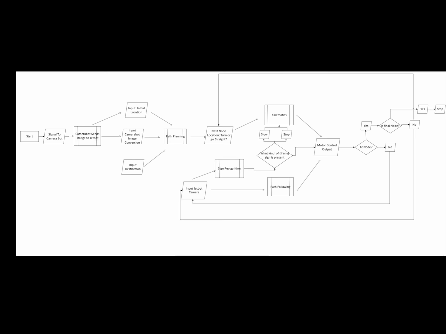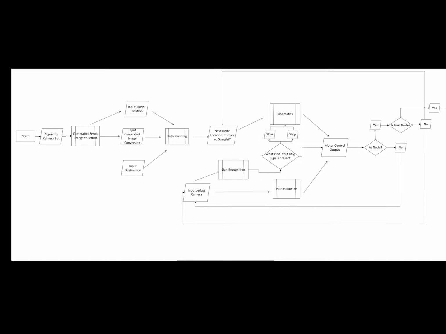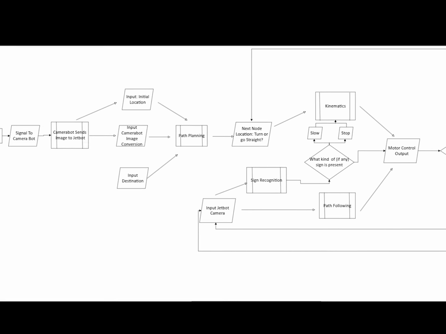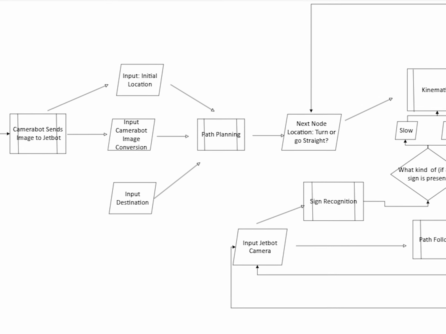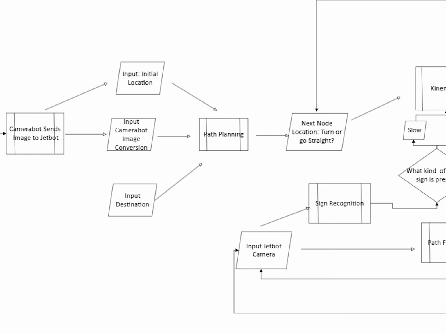So this flowchart represents the code that would be needed to have a JetBot go from point A to B while following the road and traffic signals and optimizing its path for the shortest route. So to start, it needs to first know its initial location where it has to communicate with the camera bot, and then that will use that as an input and the final destination as an input for path planning.